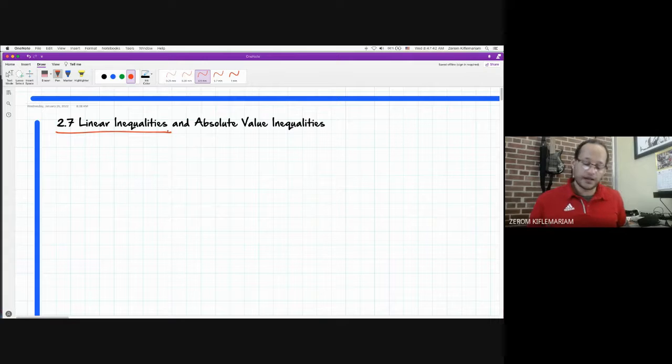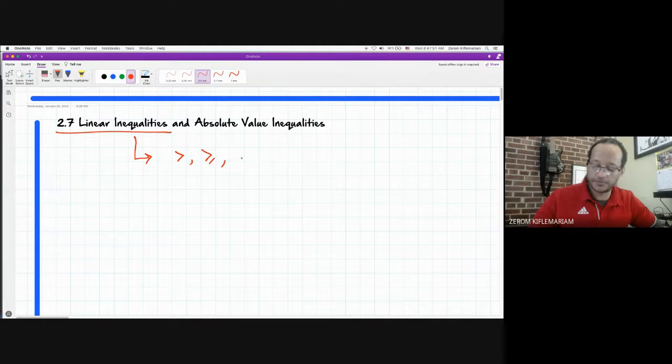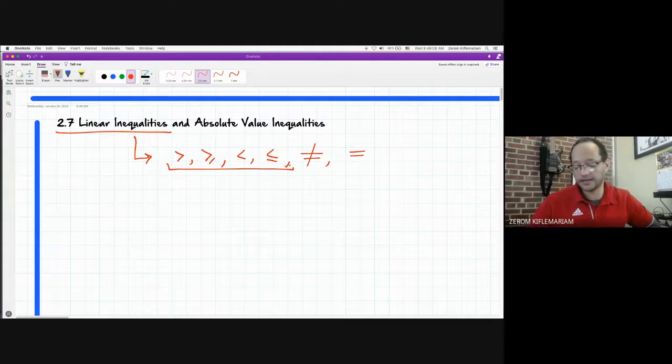All right, linear inequalities. As soon as we say inequalities, we are talking about the greater than sign, greater than or equal to, less than sign, less than or equal to. Again, there are also not equal to and the equal sign. Those are usually the symbols that we have. But when we say inequalities, most of the time we are referring to greater than, less than, greater than or equal to, and less than or equal to.